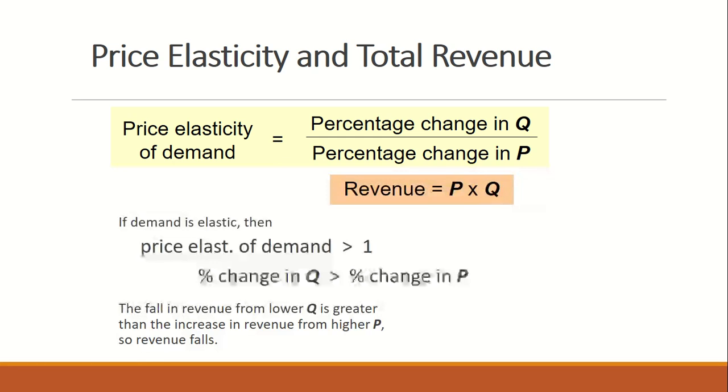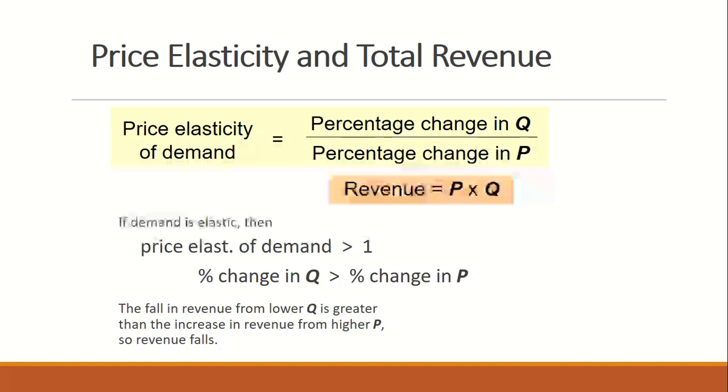If demand is elastic, then price elasticity of demand is greater than 1. That is, percentage change in quantity is greater than percentage change in price. Thus we know that the quantity will go down a greater amount, so the fall in revenue from a lower quantity is greater than the increase in revenue from higher price, so revenue falls.